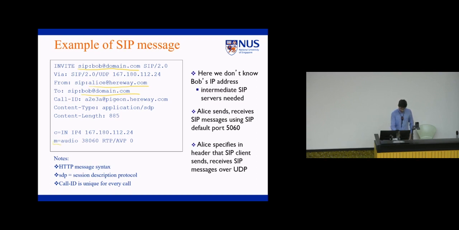It will also indicate that Alice will need to send this audio on a certain port number using RTP protocol using AVP 0 format. So this is just syntax. But the point here is that Alice specifies in the header of the SIP message the SIP address of the destination and receives SIP messages over UDP. So this content provides information about Alice's IP address so that Bob does not have to look out for Alice's IP address.